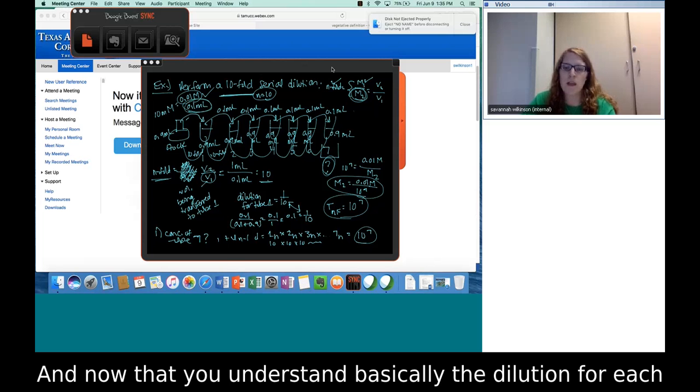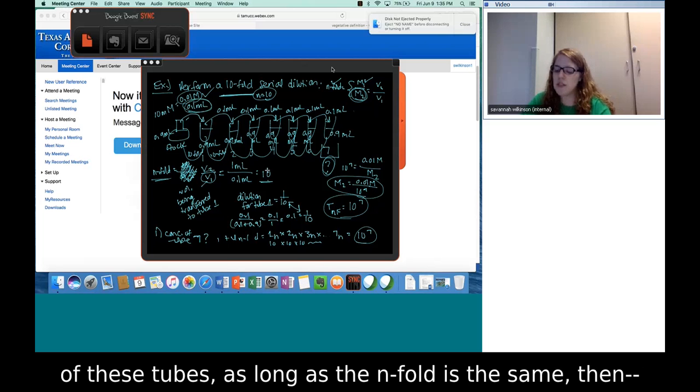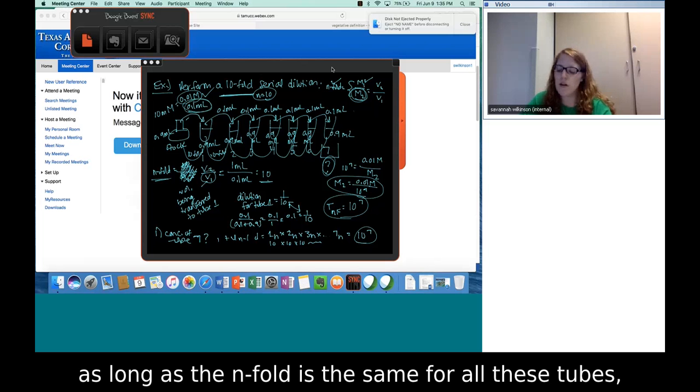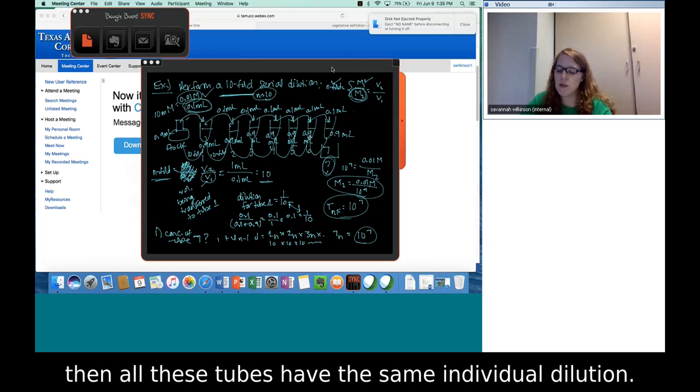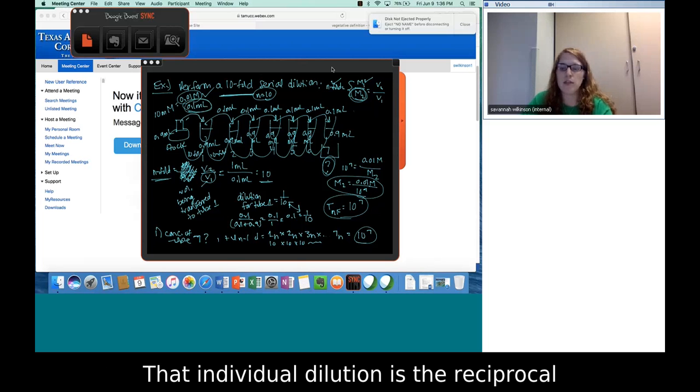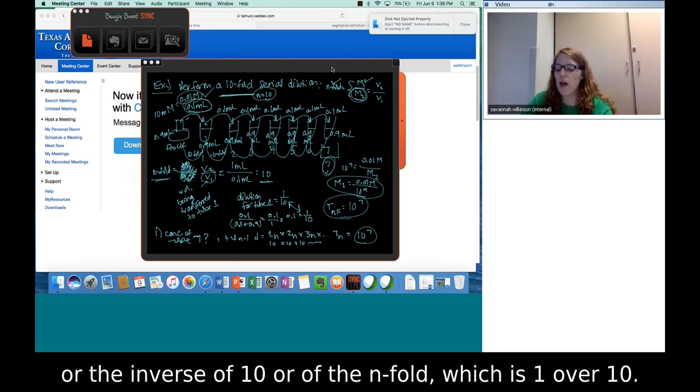And now that you understand the dilution for each of these tubes, as long as the N-fold is the same for all these tubes, then all these tubes have the same individual dilution. That individual dilution is the reciprocal or the inverse of the N-fold, which is 1 over 10.